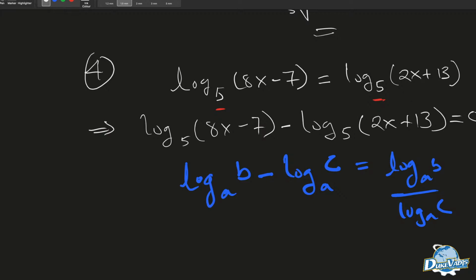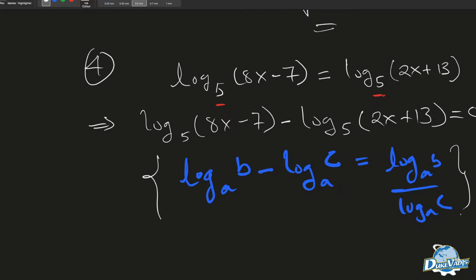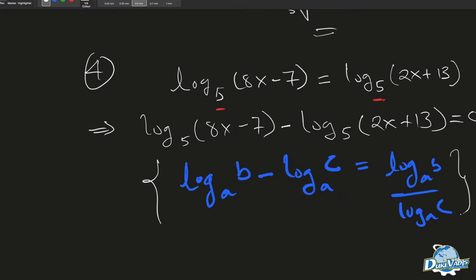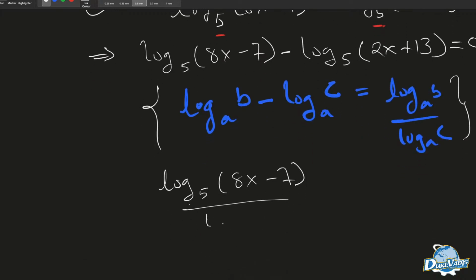Okay, let's go back and see. If we apply this to this question, then this equation will be log base 5 into bracket 8x minus 7 all over log to the base 5 of 2x plus 13 is equal to 0.